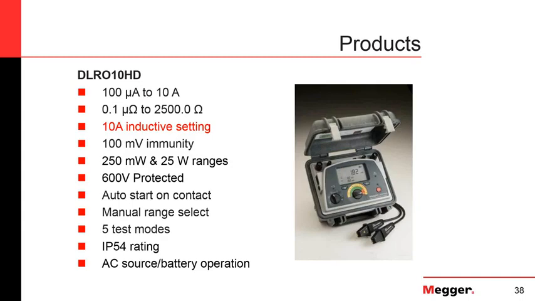This is for more rough application. As you can see in the picture, you have a protective case that is IP54 rated. It has an electrical protection up to 600 volts, and it also can test small inductive loads.